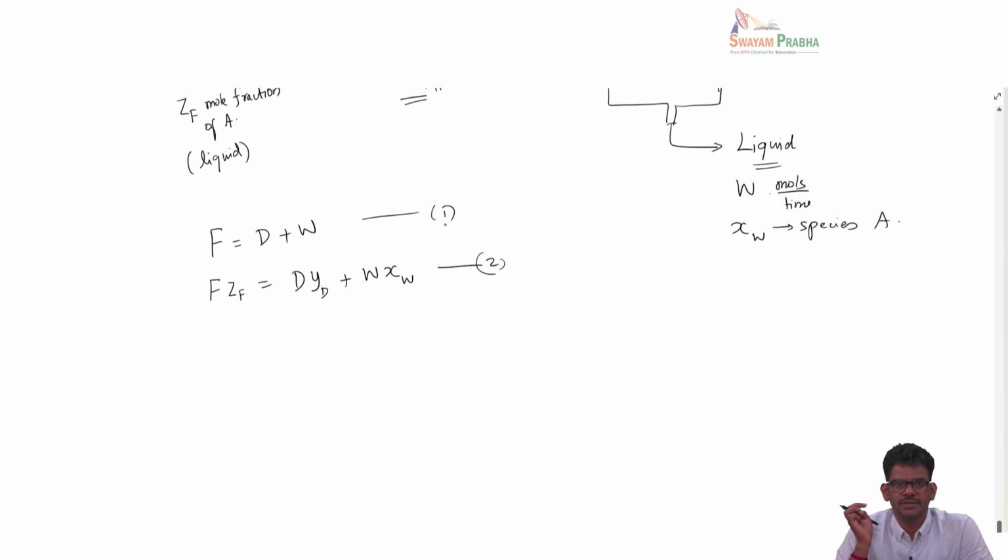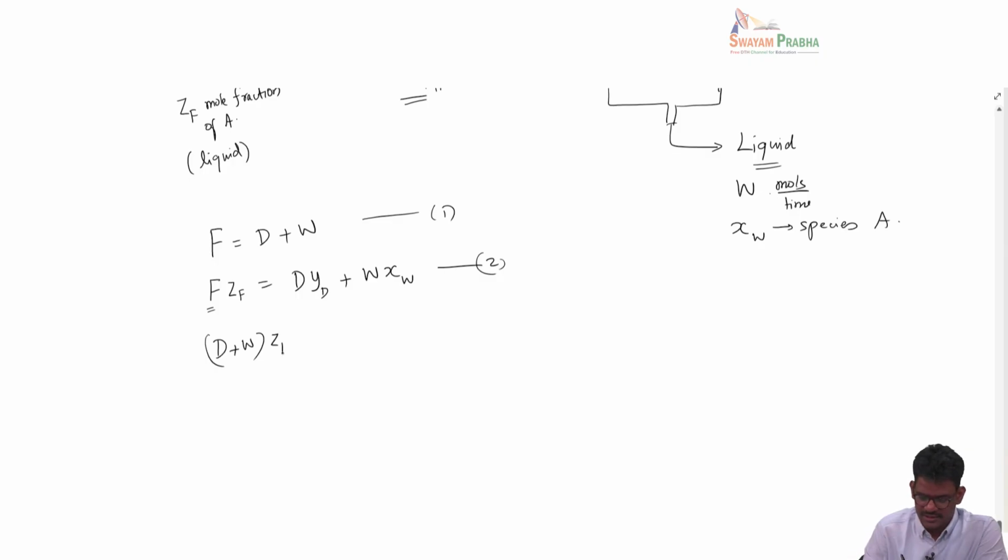So now we have got two equations. In the second equation we have this F, and we can eliminate F using the first equation. So we will substitute F equal to D plus W. This comes from the first equation, and then write the remaining terms.